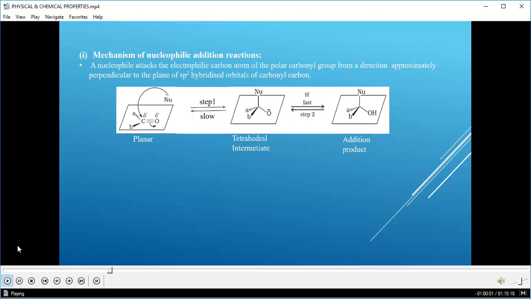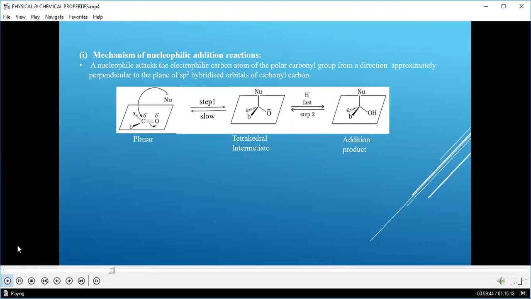So a nucleophile attacks the electrophilic carbon atom of the polar carbonyl group from a direction approximately perpendicular to the plane of the sp2 hybridized orbitals of the carbonyl carbon.